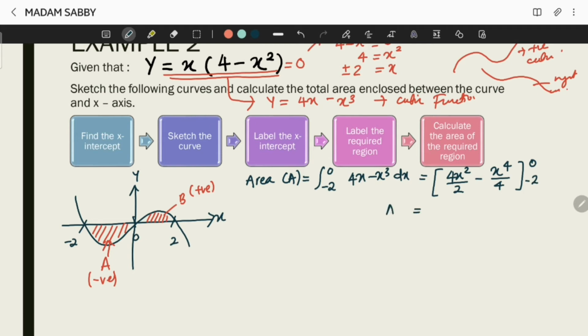So you need to find out the value of the area when your x equals 0, and then when your x equals negative 2.